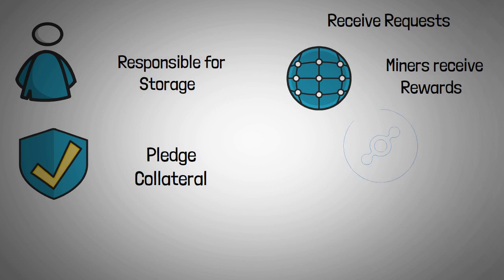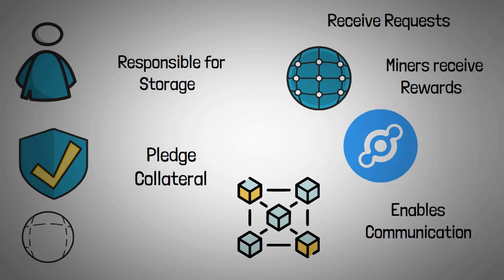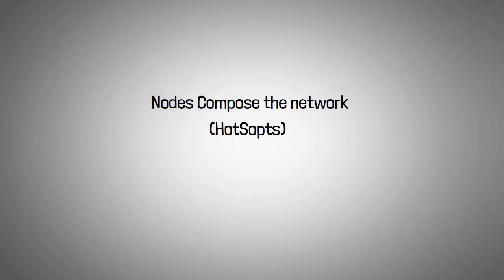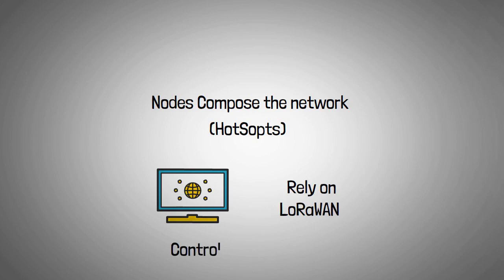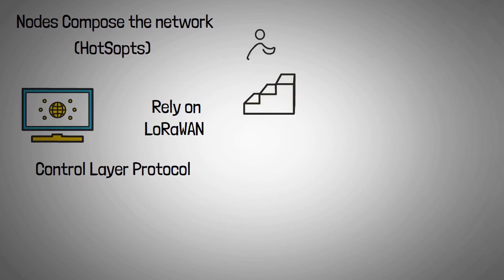Helium. Helium is a blockchain-based network that connects IoT devices. Helium technology enables communication between the devices while the system sends data across the network nodes. The nodes that compose the network are known as hotspots in the Helium system. The hotspots provide public network coverage and rely on LoRaWAN. LoRaWAN is a media access control layer protocol with a cloud component to which platforms like Helium can connect.